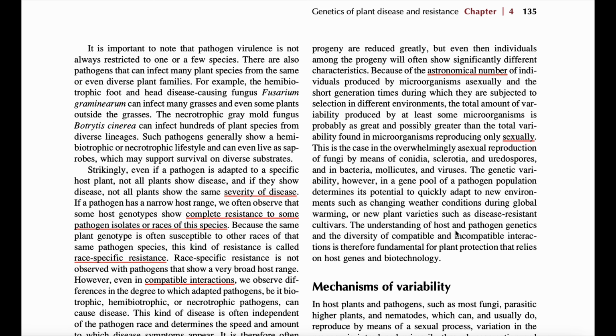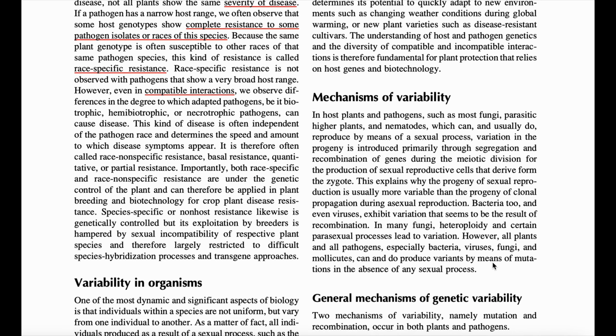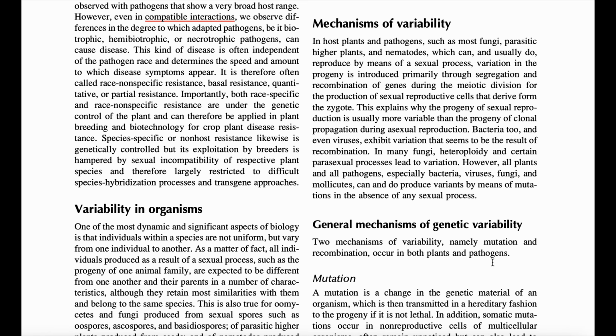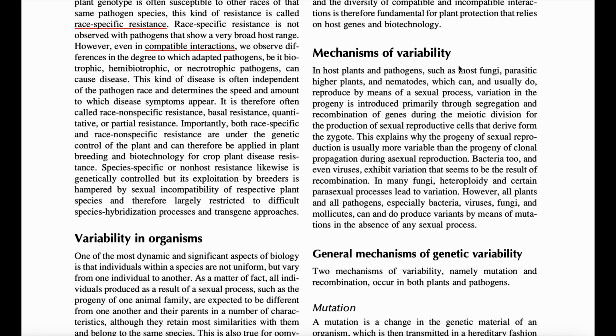The understanding of host and pathogen genetics and the diversity of compatible and incompatible interactions is therefore fundamental to plant protection that relies on host genes and biotechnology. Mechanisms of variability.